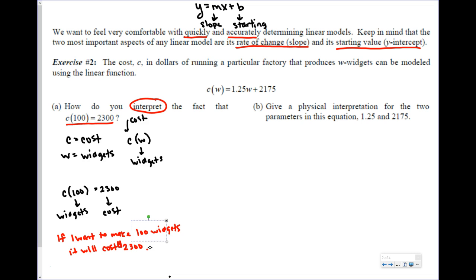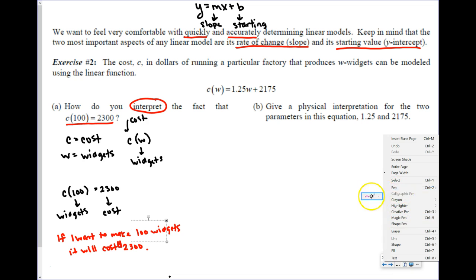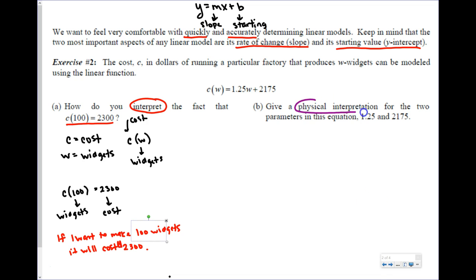Okay? Letter B, give a physical interpretation for the two parameters in this equation, 1.25 and 2,175. So again, this physical interpretation means, what does this mean? Yes, 1.25 is the rate, and this is your start. That's not what this question's asking for. It's asking for, what does that mean?